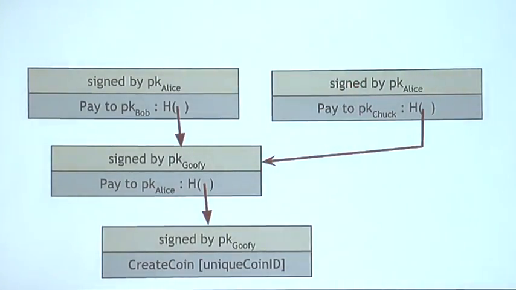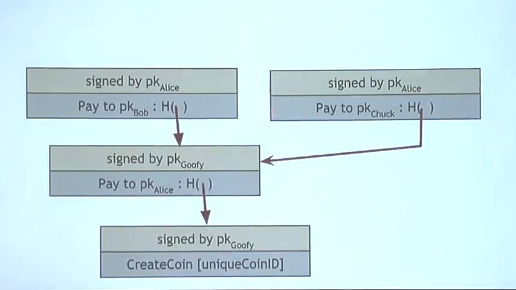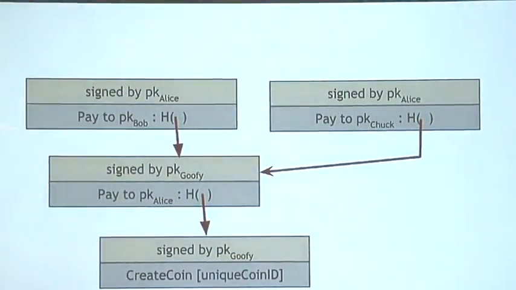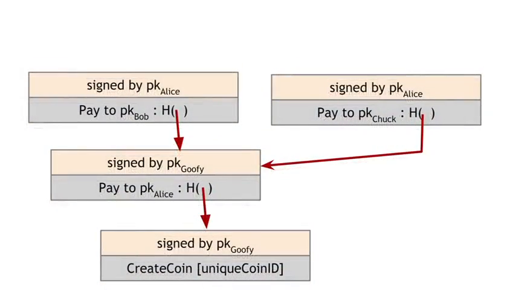And this is signed by Alice. Now, if Chuck doesn't know about this data structure in the upper left, let's say Alice just gave that to Bob and didn't tell Chuck, Chuck will look at this and he'll think that this is perfectly valid, and now he's the owner of the coin. Chuck has a valid-looking claim to be the owner of this coin, and Bob has an equally valid-looking claim to be an owner of this coin, and that's a problem because coins are not supposed to work that way.